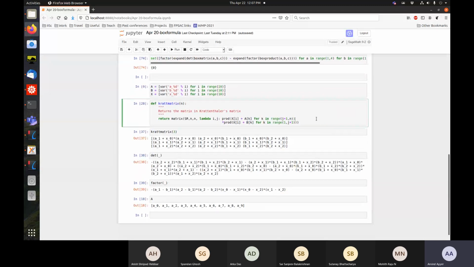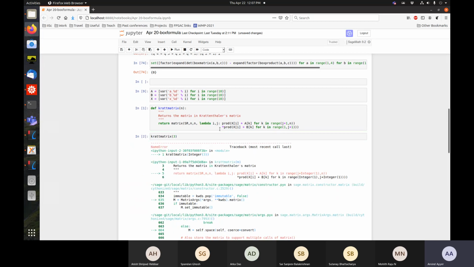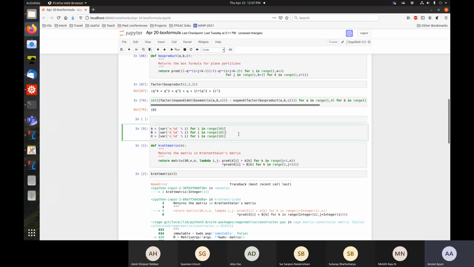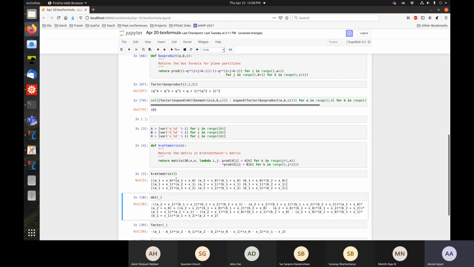Yeah, so I have written this program which I call the Krafft matrix, and here is how the I didn't define my variables. So I have three sets of variables, a, b, and x, and to be proper, I should define this inside, but actually we'll need them to factorize. So here's how this matrix looks like.